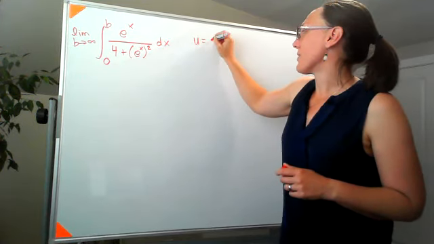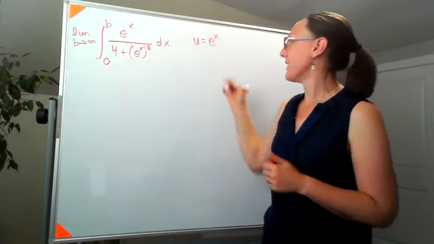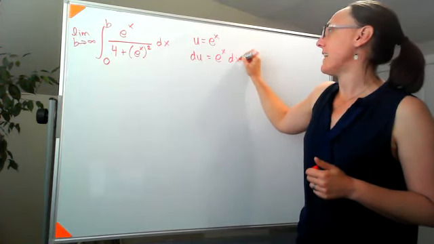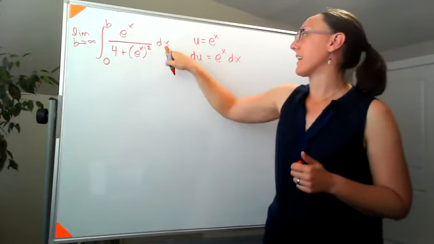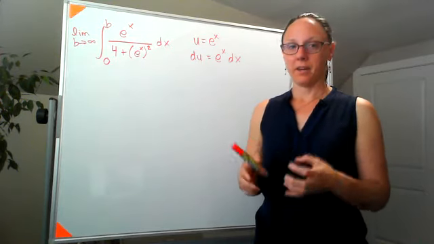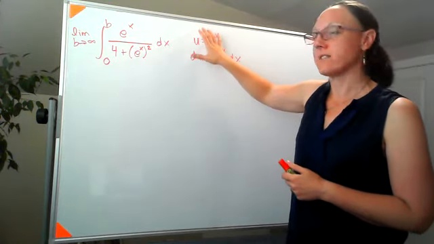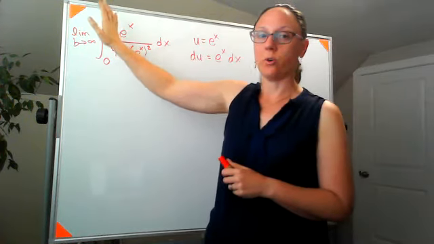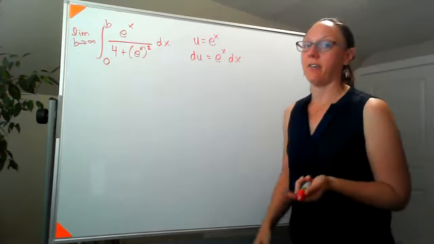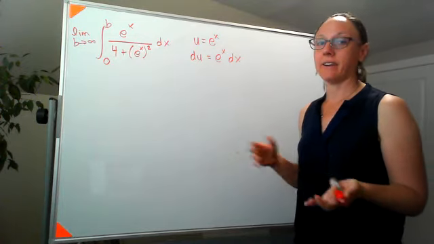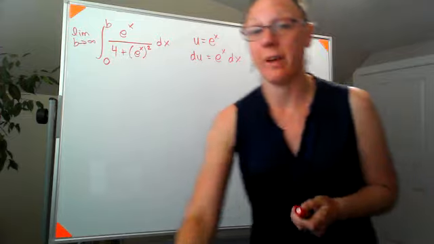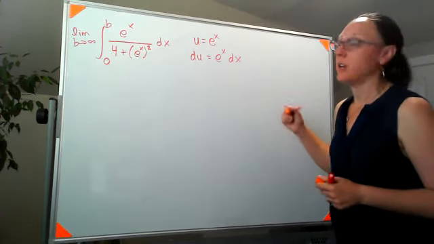So if u is equal to e to the x, then that's going to make du e to the x dx, which I have. I have that e to the x dx. We're going to pause for a second here because when we do this u substitution, that's also going to affect my limits of integration. So instead of going from 0 to b, I need to think about what's happening with our u substitution.